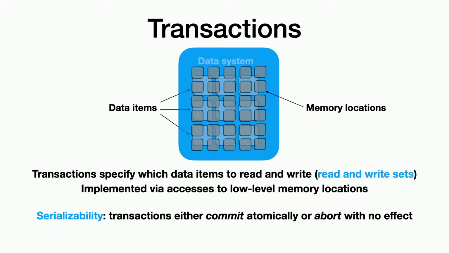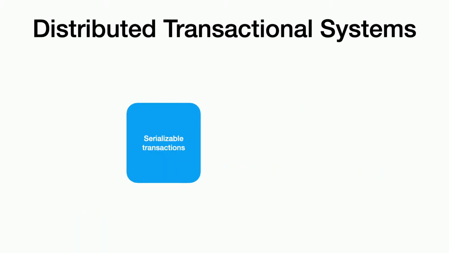So I can either commit, in which case it looks like I committed atomically in isolation, and nobody else interfered, or I can abort, in which case the transaction has to have had no effect whatsoever. Intuitively, that's the condition called serializability, and that's the gold standard that we are going to aim for.